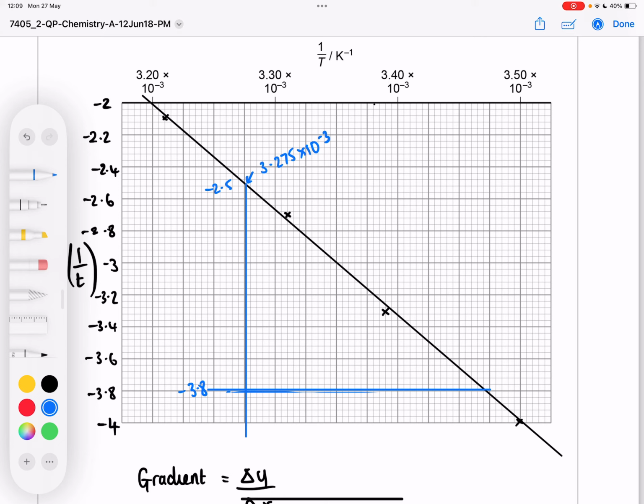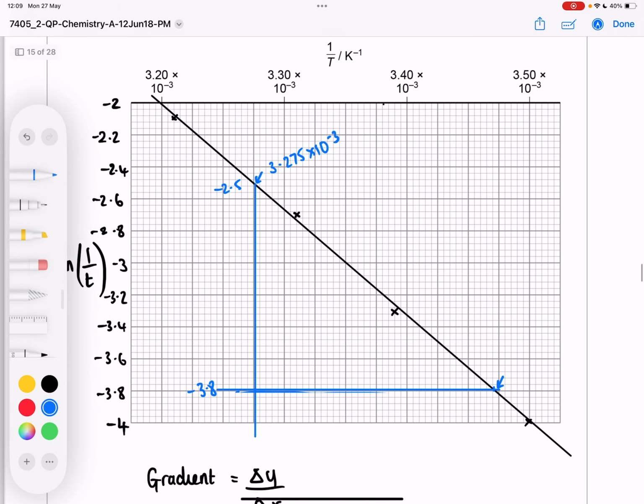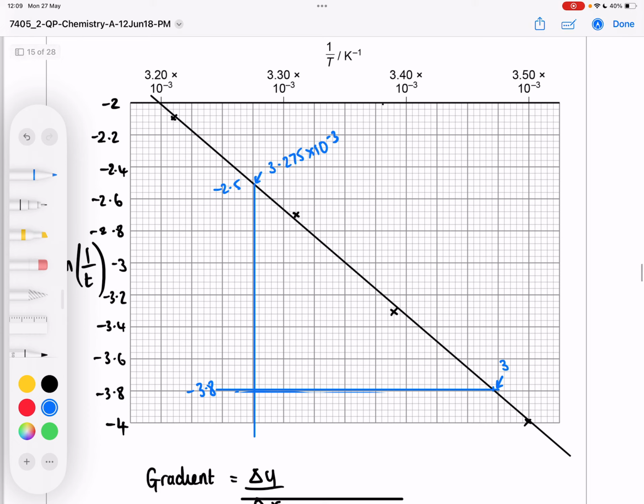And it's like half a square away from 3.425, so 3.47 times 10 to the minus 3.